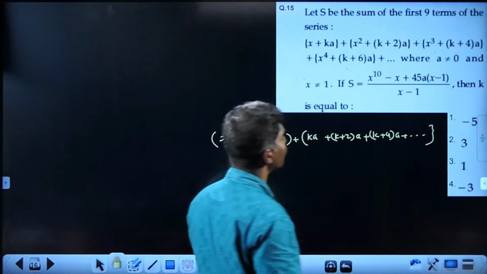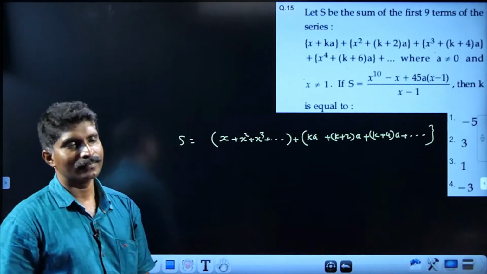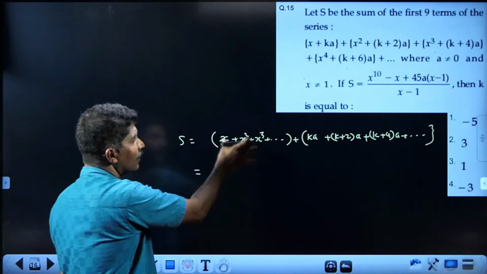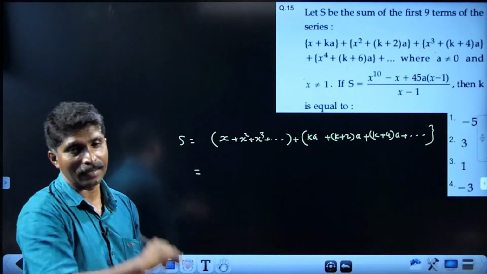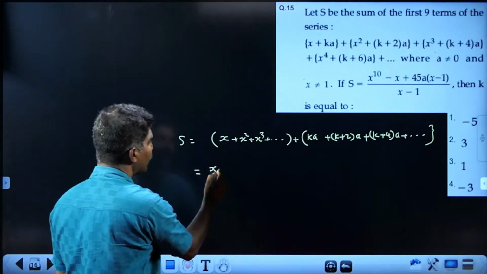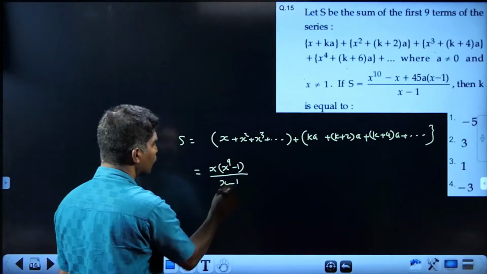You have to remember it is 9 terms. This is your S. Now this is a GP with 9 terms. So its sum is x into x raised to 9 minus 1 divided by x minus 1.